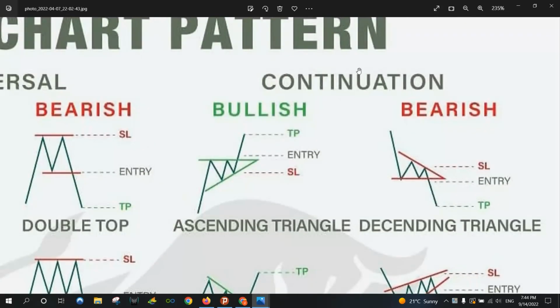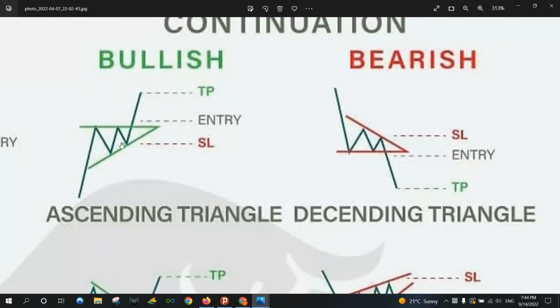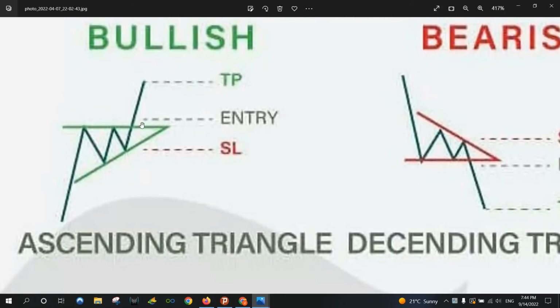The next one is the continuation patterns. This is the ascending triangle. When you are in an uptrend, you see this continuational triangle, you expect an uptrend. The moment that price breaks this top line, which will be a resistance, you will enter in the market, stop loss below the previous low and your TP. This is the bar of this flag, okay?